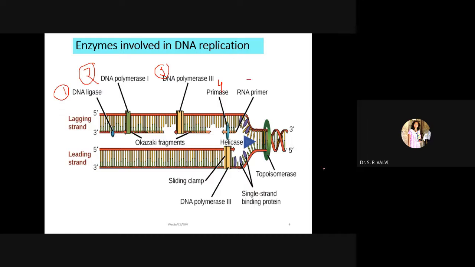Then the fifth number is topoisomerase, then single strand binding protein is sixth, then again DNA polymerase 3. Here I have again the third number, I will not repeat it. Then there is one more, yes, 7. Here you can see helicase, right?